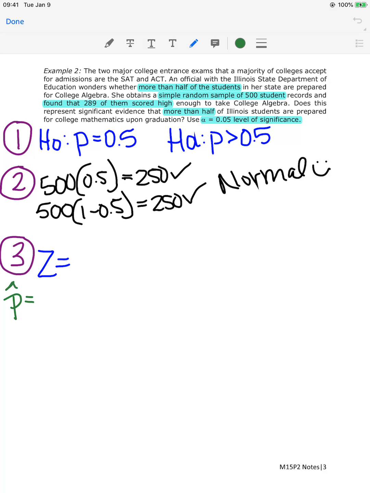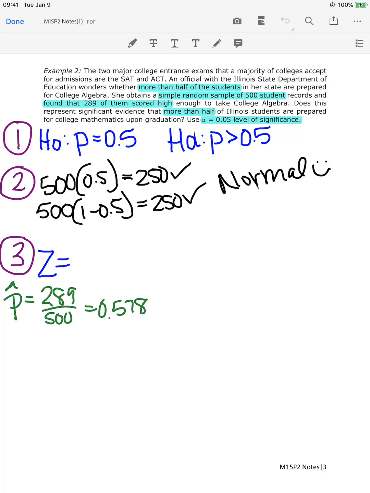So p hat is going to be the number of students that scored high enough over the total number of students that were surveyed. 289 over 500 is 0.578.